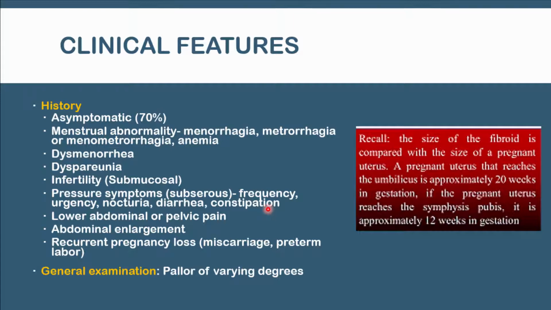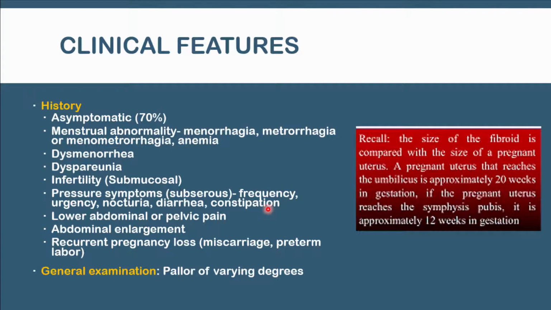Now, when you examine this patient, you want to perform a general examination where you may see features of anemia, you may see varying features of pallor, and you want to do an abdominal examination. Remember, when you're doing an abdominal examination, as well as a pelvic examination, you're going to compare the size of a fibroid to the size of a pregnancy.